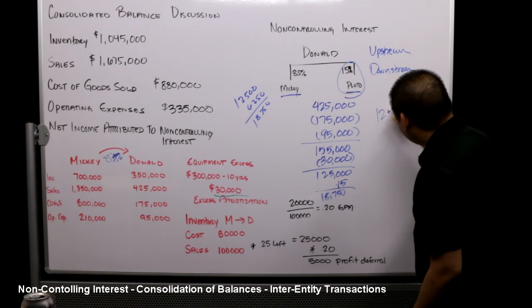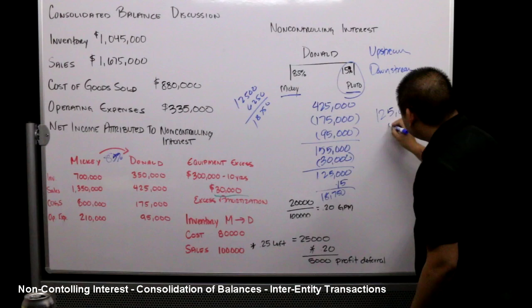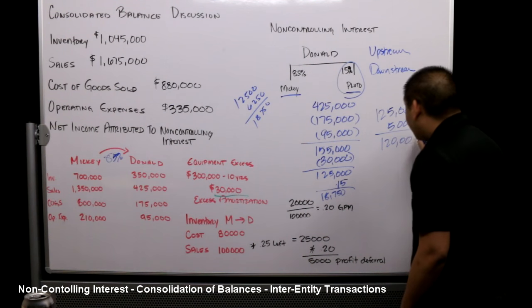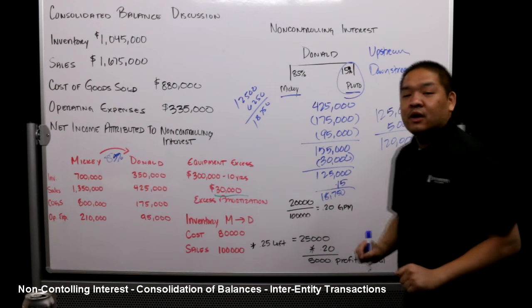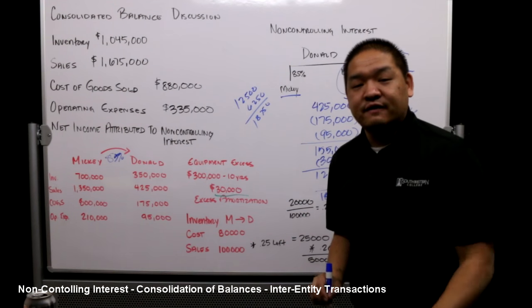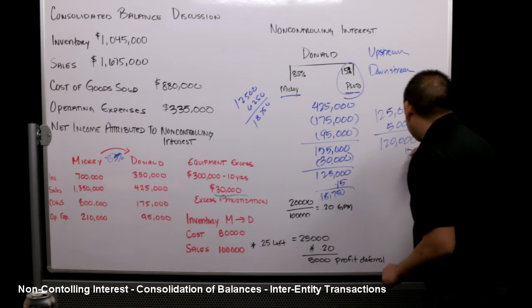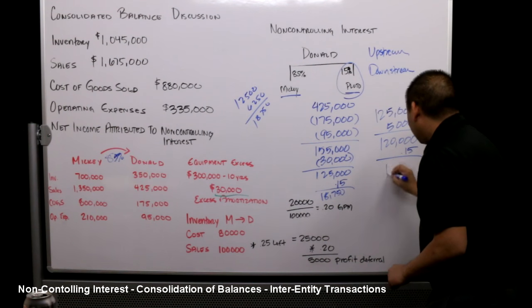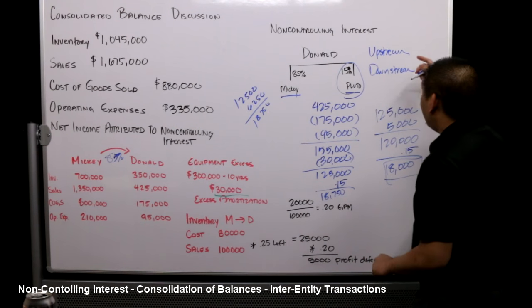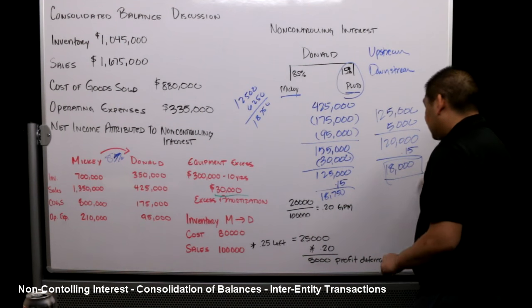So we start with our 125, subtract that deferral of $5,000, we get 120, and then from the 120, we calculate our non-controlling interest. Our non-controlling interest is 15%. So 15% of that, and we get $18,000. Okay? So in an upstream, our answer would be $18,000.